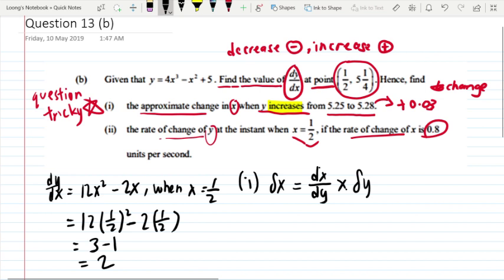What is interesting in this case is that they give us delta y, which is 0.03.